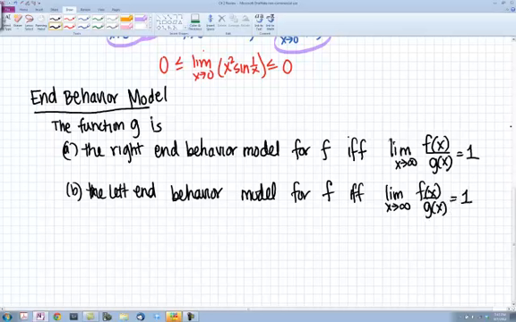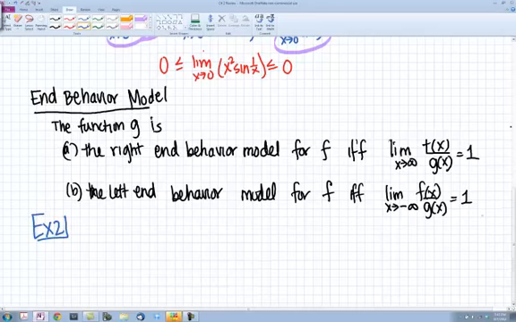Okay? Oops, I'm sorry. X approaches negative infinity. It's the left end behavior model, so it's going to go to negative infinity. Okay, so let's take a look at an example of when you would be asked for an end behavior model.